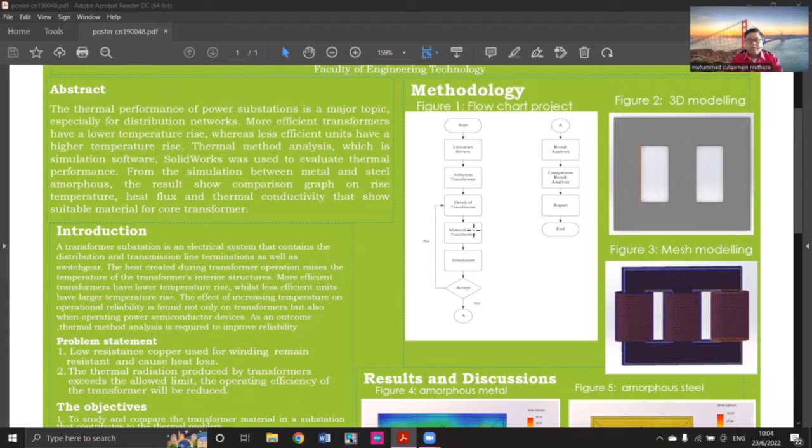Second, I go to simulation. As you can see in figure 2, this is my 3D modeling using SolidWorks. This one is the core material.